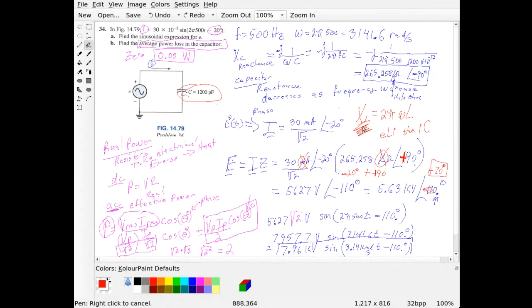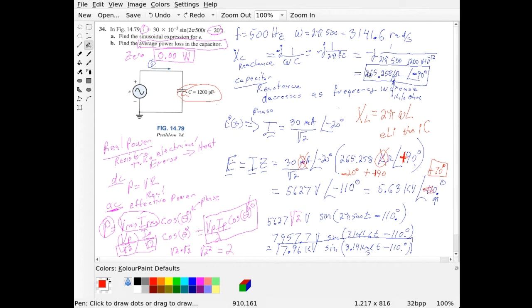Remember, this was 1200 picofarads, so this was 265 kilo ohms here. So that was 265 kilo ohms.